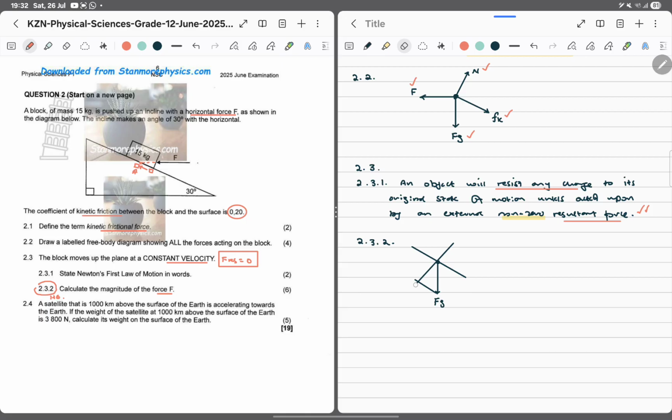It's not exactly parallel, is it? Not at all. Even this is not perpendicular. Okay, so let's try again. Still not perpendicular. That's a bit better.